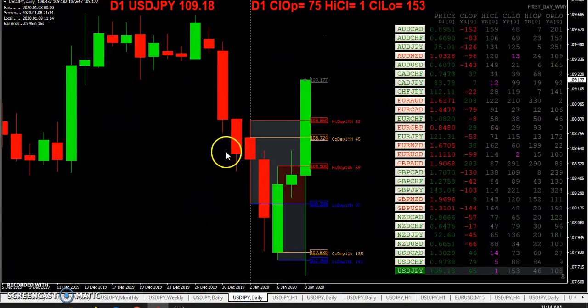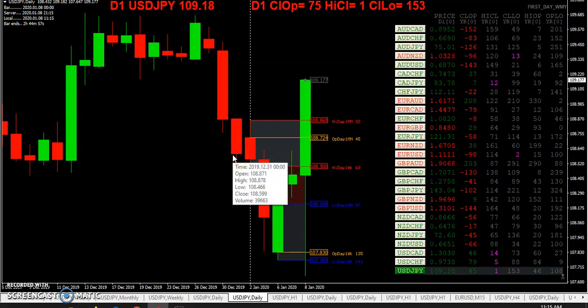And here, once again, we had the first day of the week. There's the range. It exited the range on the lower side, came back up through, exited on the top side. Here's the high of the first day of the month range, and it went through that. So if you take any of those trades or all of them stacked on, high day of the month, you're up 32 pips.